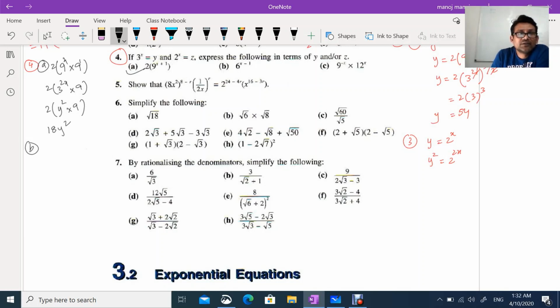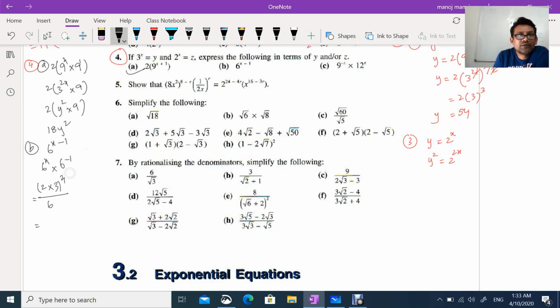So 6 power x minus 1, what can we write? 2 into 3, and we can write x minus 1. Or one more way, we can write 6 power x into 6 power minus 1. This is easy. Now what is this? 2 power x into 3 power x, and this 6 will divide.